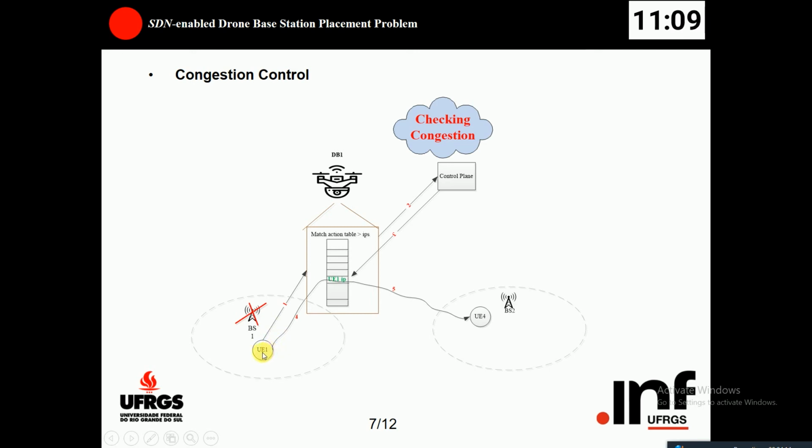Assume that user 1 wants to send a high rate iperf traffic to user 4. Actually, here I tried to have an implementation of explicit congestion notification, I mean ECN.